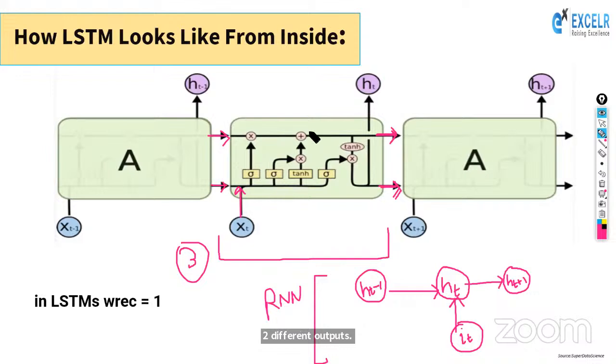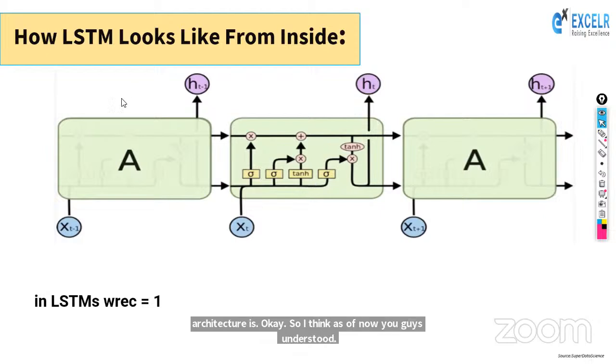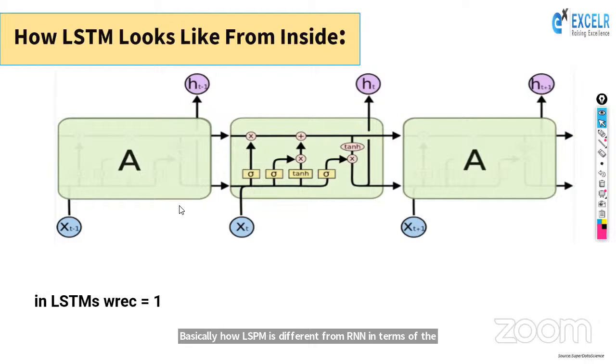Now let's understand what this particular architecture is. So I think as of now, you understood basically how LSTM is different from RNN in terms of the vanishing gradient or exploding gradient problem, as well as in terms of the internal architecture.